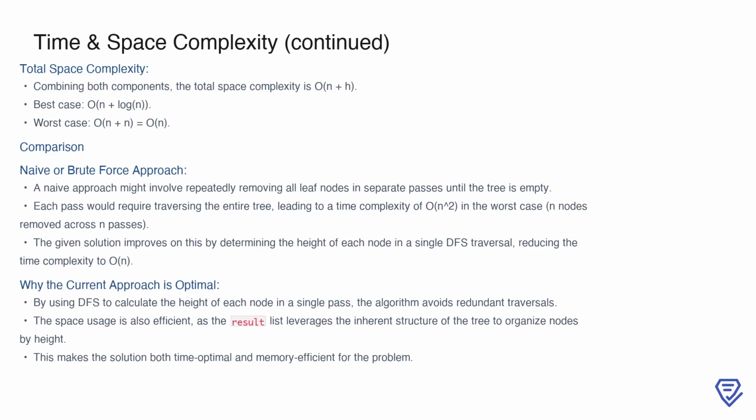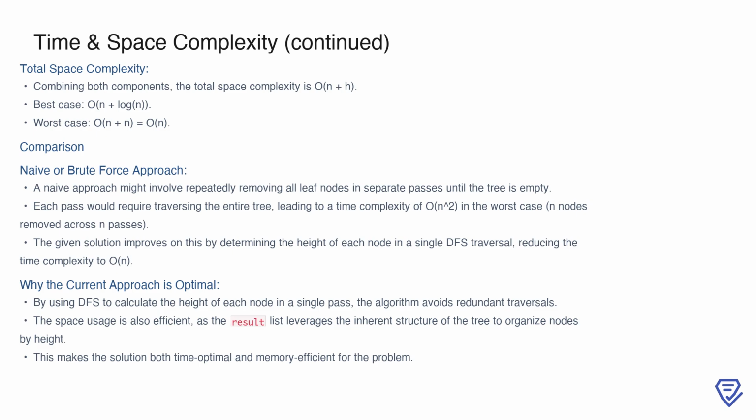To summarize the total space complexity, we combine the recursion stack space and the result list space, leading to O(n) plus h. In the best case, where the tree is perfectly balanced, this simplifies to O(n) plus log n. In the worst case of a completely skewed tree, it becomes O(n) plus n, which is O(n). Comparing this to a naive approach, where all leaf nodes are repeatedly removed in separate passes, the given solution is significantly more efficient.